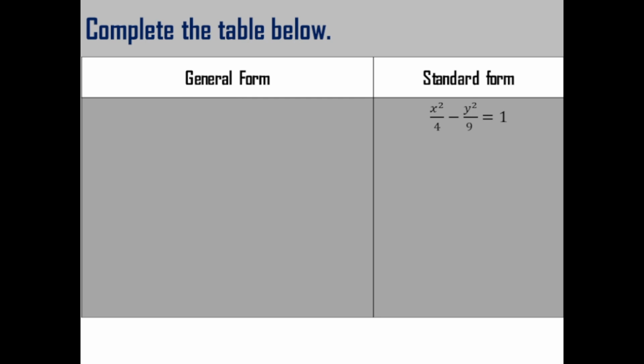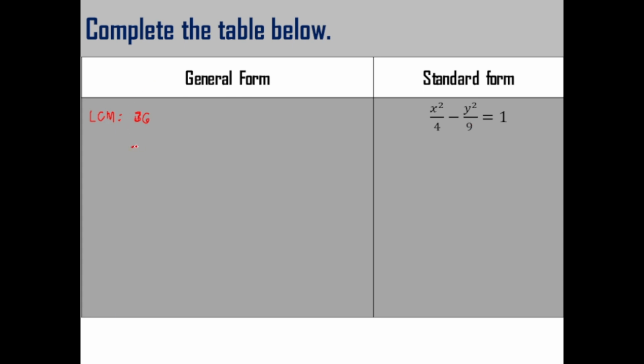The conversion is almost the same as in the ellipse, for our hyperbola. When we have this kind of problem, we get the LCM, or least common multiple, of our denominators. The LCM of 4 and 9 is 36. And then we use this LCM to multiply to our equation.